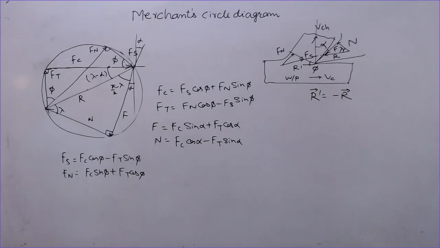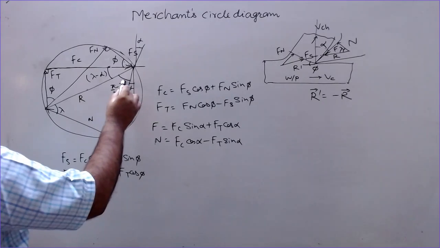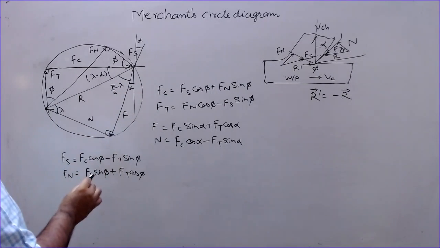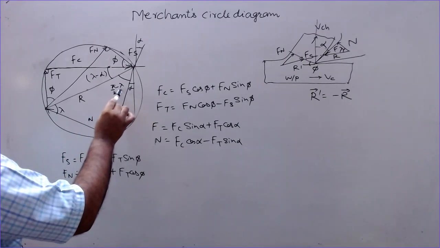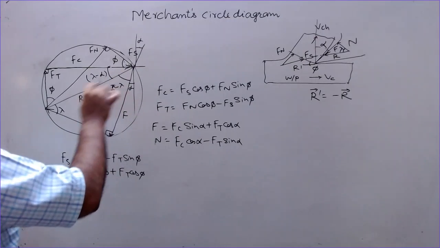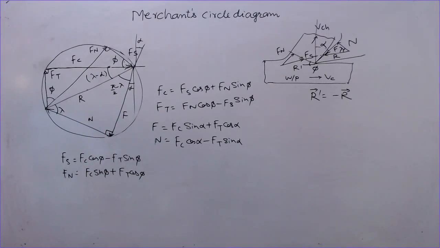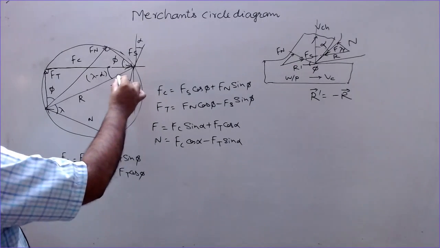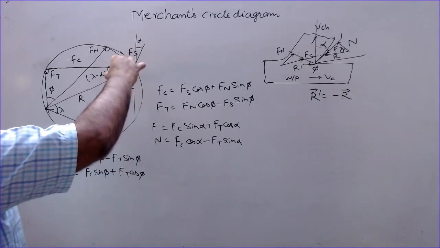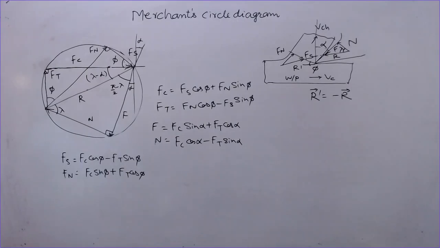Now apart from this, you can write this angle is pi by 2 minus lambda, this is F, this is N. So I can write that cos of pi by 2 minus lambda is equal to F divided by R. Similarly, you can write for N also, and we can also write this angle is lambda minus alpha, this is phi, so this whole angle is phi plus lambda minus alpha.